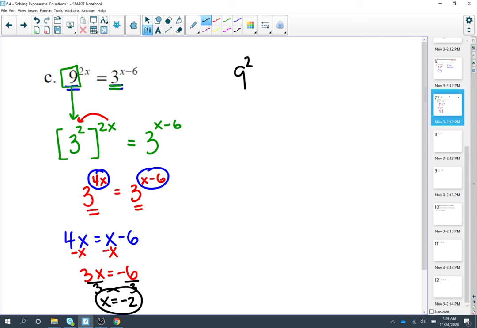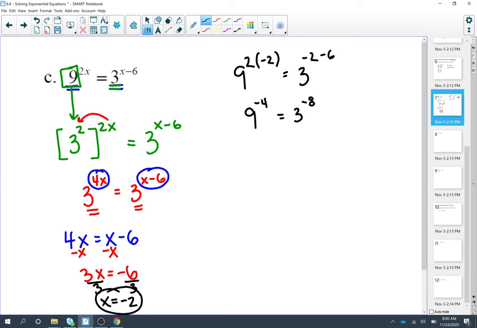If we check that, I'm going to go back up to the original. 9 to the power of 2 times negative 2 equals 3 to the power of negative 2 minus 6. This is going to be 9 to the power of negative 4 equals 3 to the power of, let me see, negative 8. Oh, wow. Okay, now before I can really use my calculator, there's one thing I want to think about.